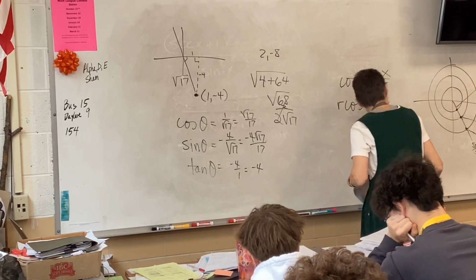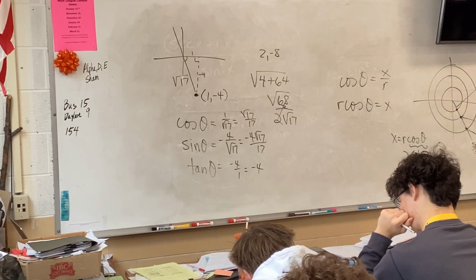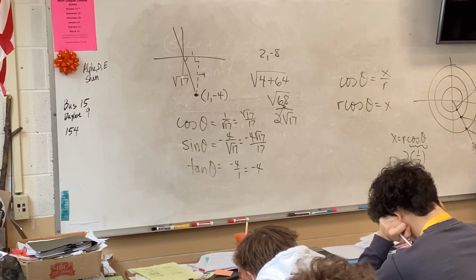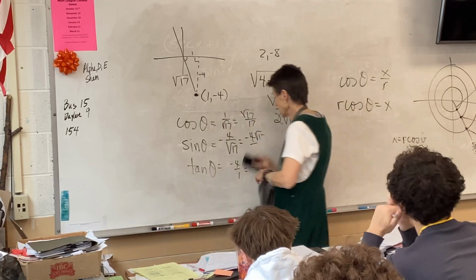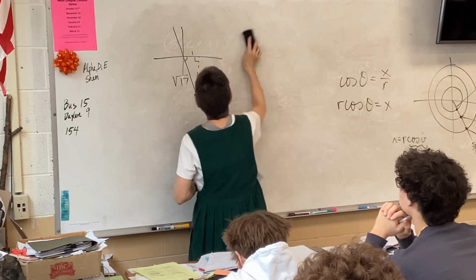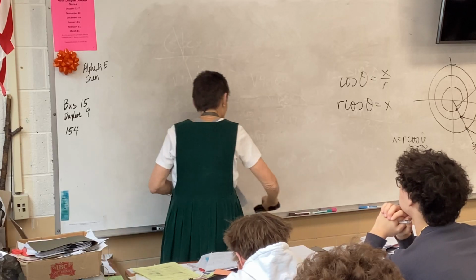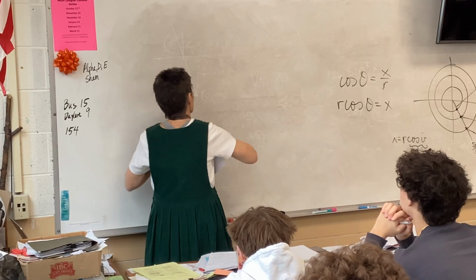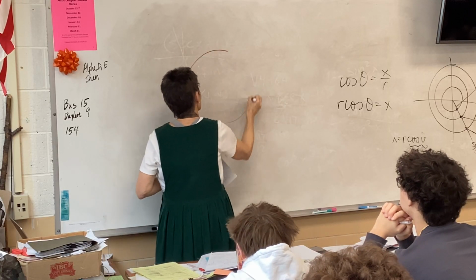Because remember, guys, what a radian is. A radian is the angle that's formed by an arc of radius length. So here's our situation.